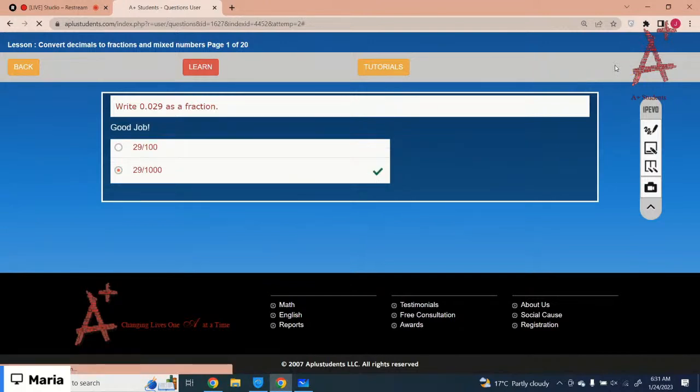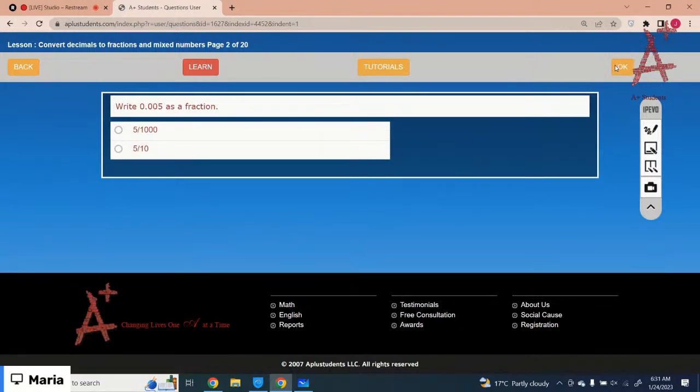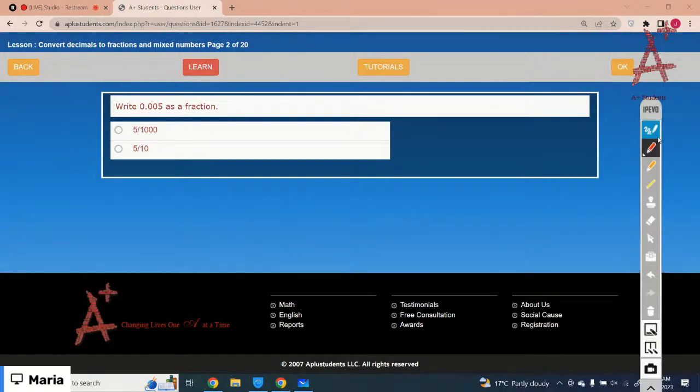Okay, the next one is 0.005 as a fraction. So which of the options is the correct one? Option 1 or option 2? How many decimal places right after the decimal? You have 1, 2, 3 decimal places. It would be 5 divided by 1, 0, 0, 0. It would be 5 divided by 1000. Got it, everyone?